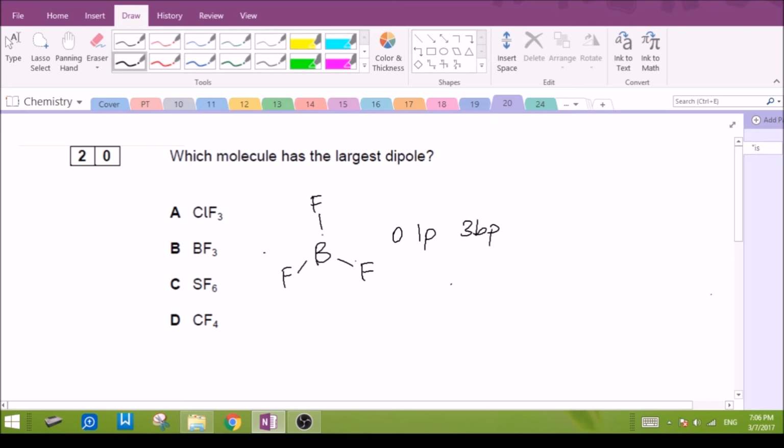And that will give us a trigonal planar shape. Right, trigonal planar, they're 120 degrees to each other, the bond angle. So they will be able to cancel each other. The dipole moments will cancel each other out. There will be no resultant dipole moment.